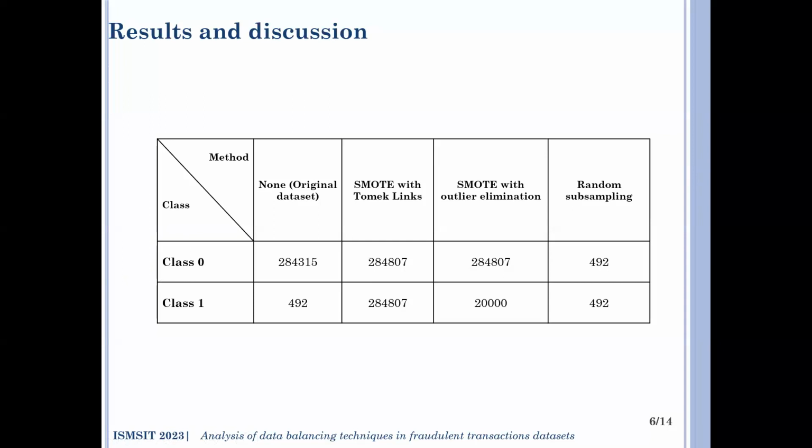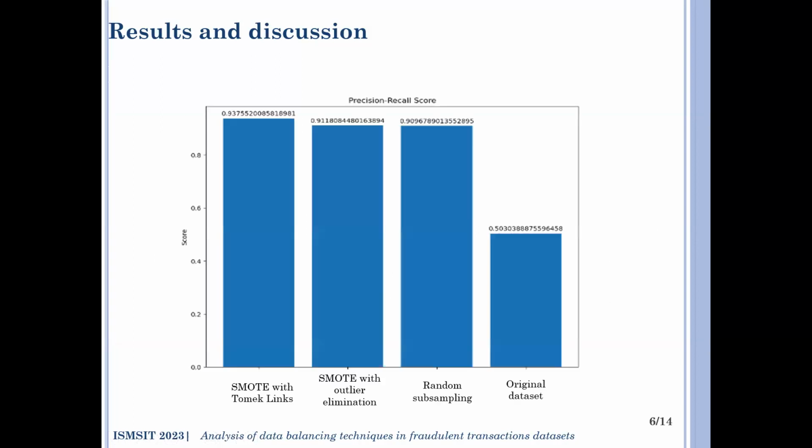So a first evaluation of the performance of our data balancing techniques would be that with random subsampling, we obtain fewer items than would be necessary. On the other hand, by applying SMOTE with Tomek links, we obtained an equal number of samples in both classes, and this number equals the number in the original legitimate transactions class.